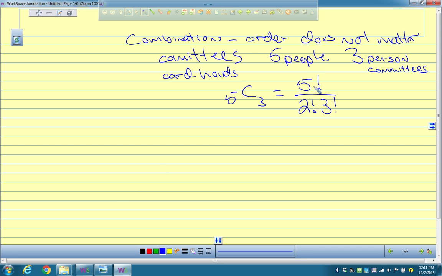Because what this is, so say you have 5 people, okay? We have person A, B, C, D, and E, right? So how many people could I choose for this spot? 5, right? If I have 5 people, and it doesn't matter which position these people are in. So I have 5 choices for this. How many choices do I have for this? 4.